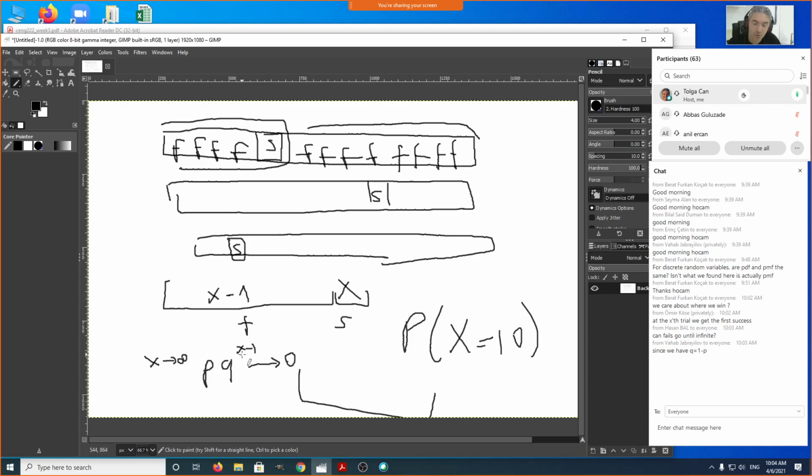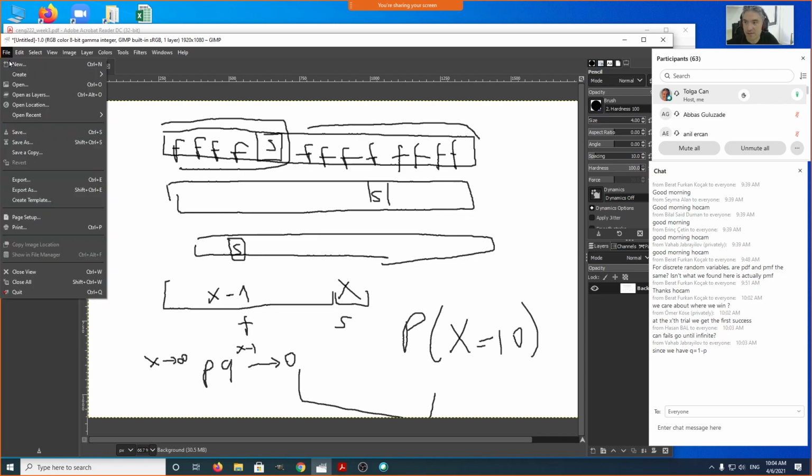So as X goes to infinity, this probability is going to go to 0, but only at infinity. It's still non-zero. If you multiply 0.7 a large number of times, what you get at the end is still non-zero. X can go all the way to infinity, and we still have a probability.